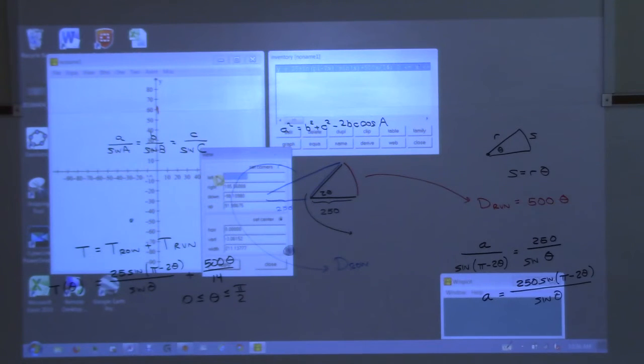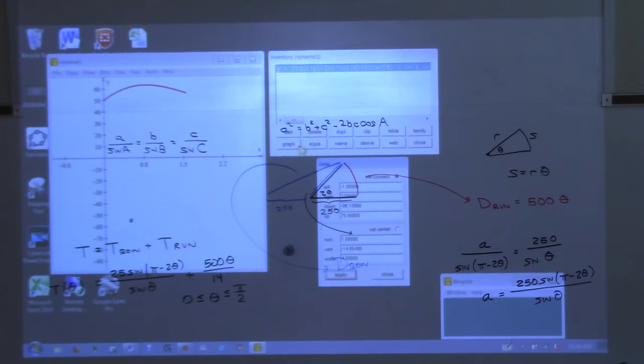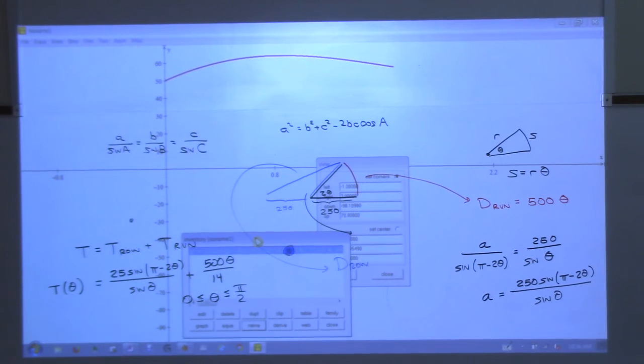My x is going to go from 0 to, I don't know, I'll go to 3, and then y from 0 to 70. There we go. Can you all see that?